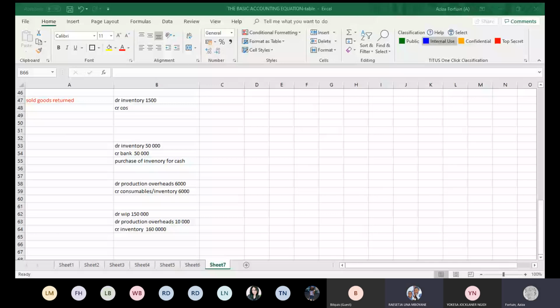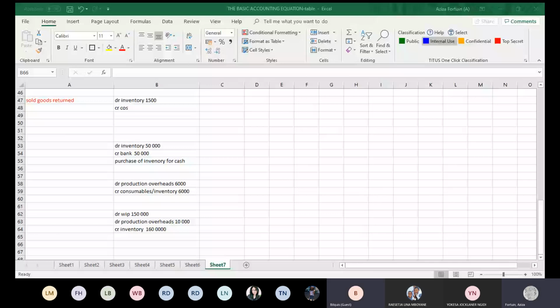C, they say wages are paid in cash. You'll debit your wages, credit your bank. Is everybody following me? If you look at number D, direct materials are issued to production.